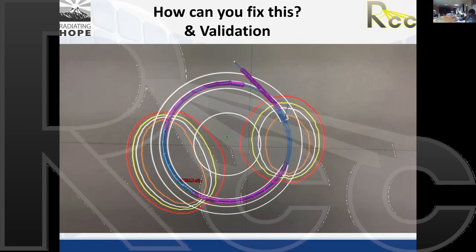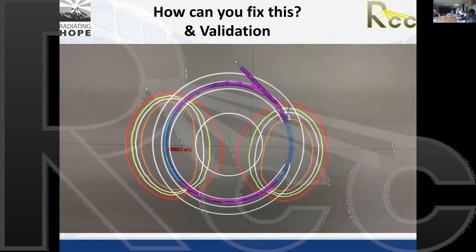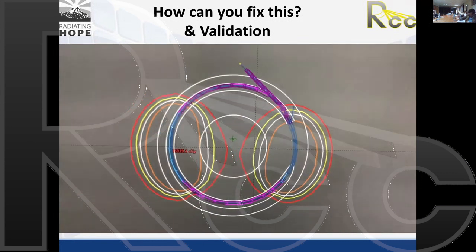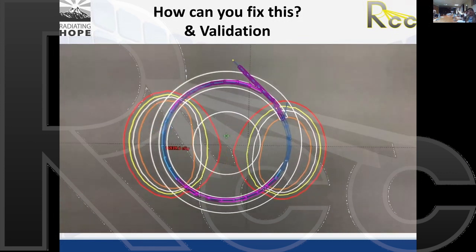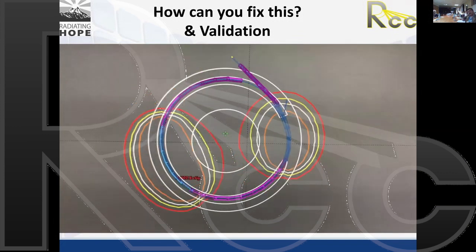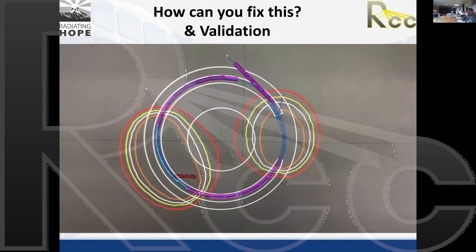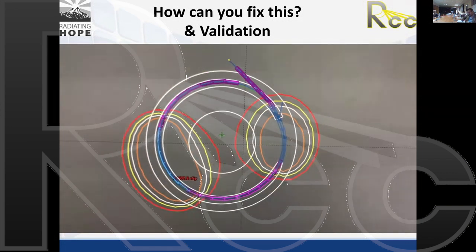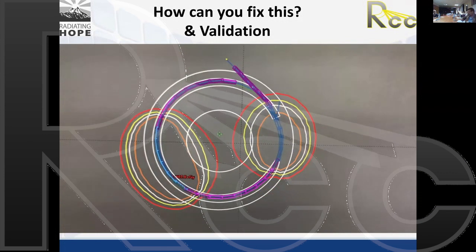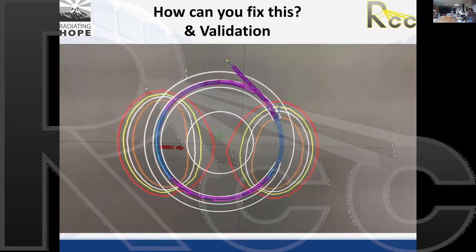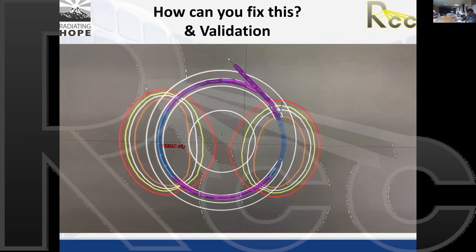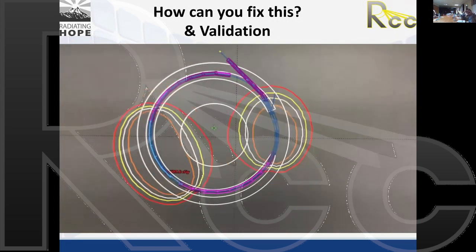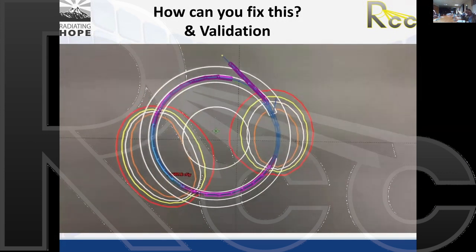So that's one option. Another option is, if we know we want our dwell positions on the planning system to look like this in order to deliver in the patient, which looks like this, then we can do a trick. So here's where we want it in the planning system in order to deliver it symmetrically.